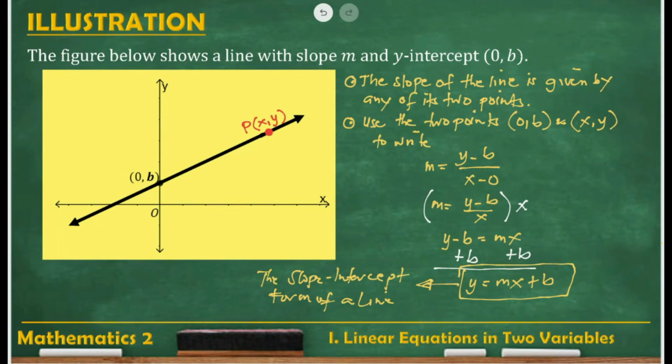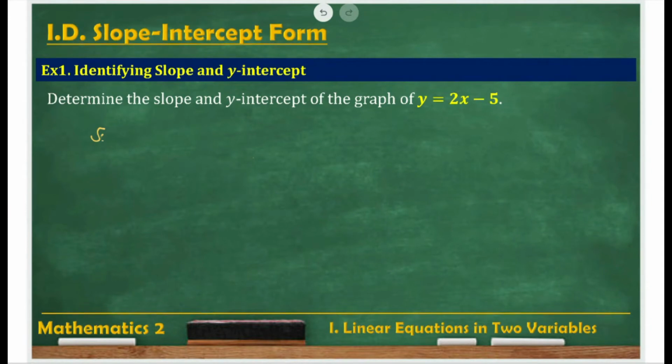Okay, so let's have some examples. Let us have our first example. Determine the slope and y-intercept of the graph of y equals 2x minus 5. For our solution, we're going to make use of the slope-intercept form of the line.